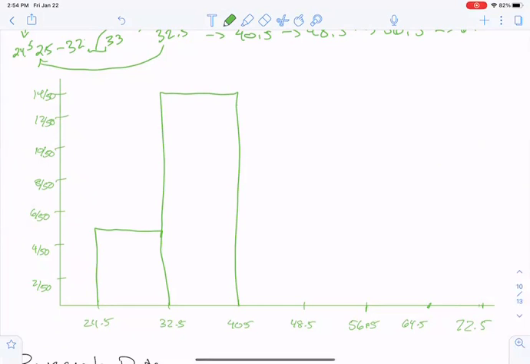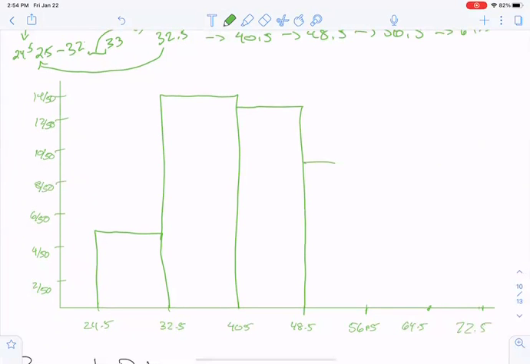The next one was 13/50. And then 9/50. It's going to be about there. And then I believe it was 7/50. Yeah, 7, which is going to be about there. And then 2/50, which is there. And then typically we shade them in.